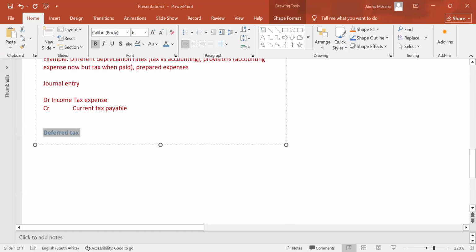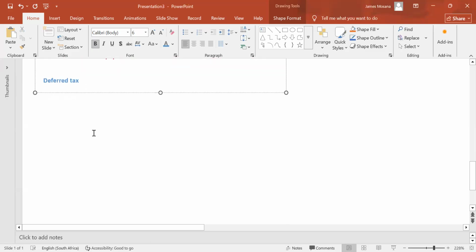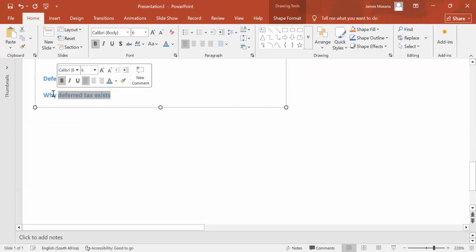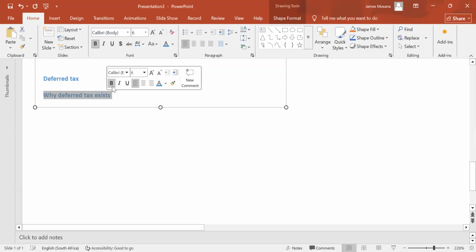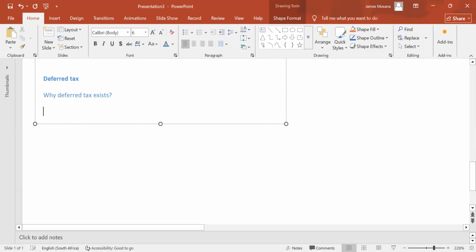We are talking about the heart of IAS 12, which is deferred tax. Now, the central question for us would be why deferred tax exists. So, it's a key question that we have to ask ourselves. Why does deferred tax exist? Very important question.